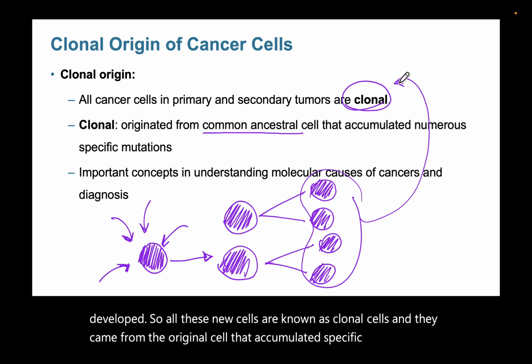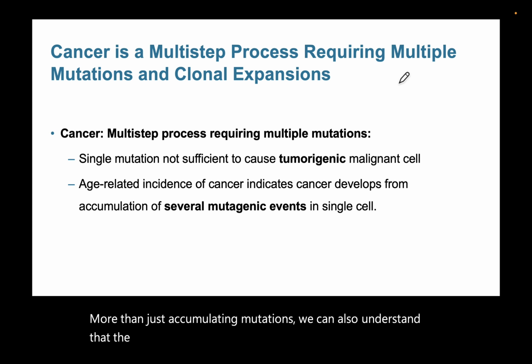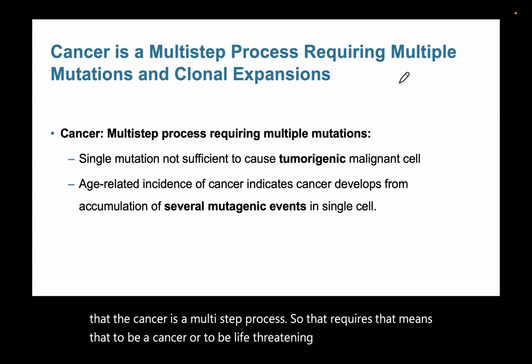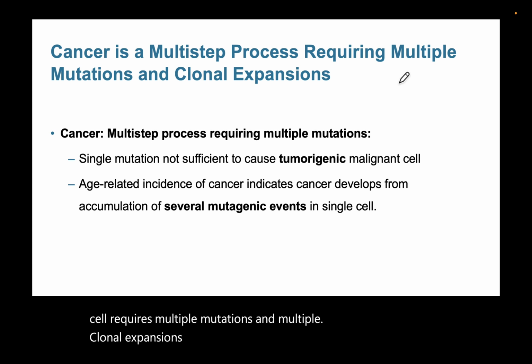All right? But more than just accumulating mutations, we can also understand that cancer is a multi-step process. That means that to be a cancer or to be life-threatening to the body, the cell requires multiple mutations and multiple clonal expansions, okay?